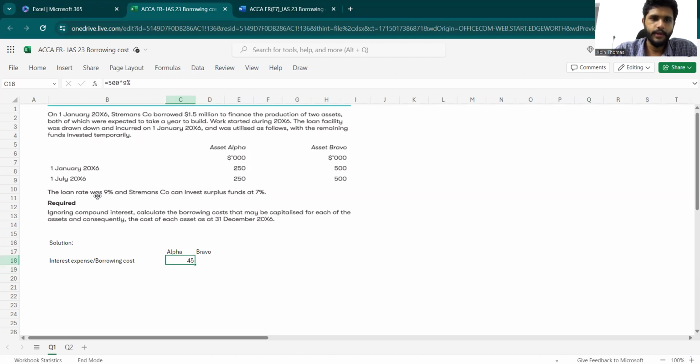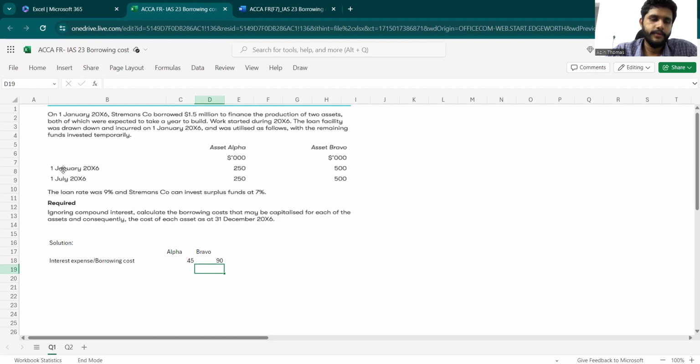We are doing it in thousands, so it should be 45,000. And for Bravo, it is 500 plus 500, that is 1,000 into the same 9%, that is 90. And this is the split of when the funds have been utilized.